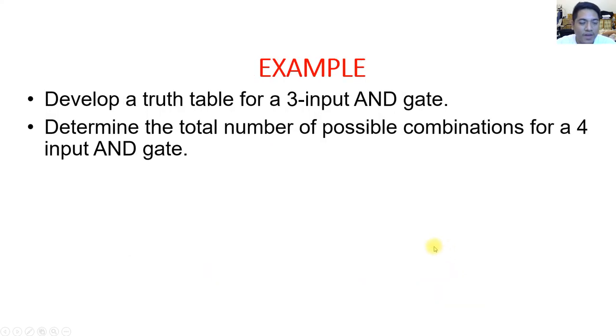So, for example, develop a truth table for a 3-input AND gate, and determine the total number of possible combinations for the gate. What we are going to do here first is to develop a 3-input AND gate. So we have 3 inputs, so the number of inputs is 3.